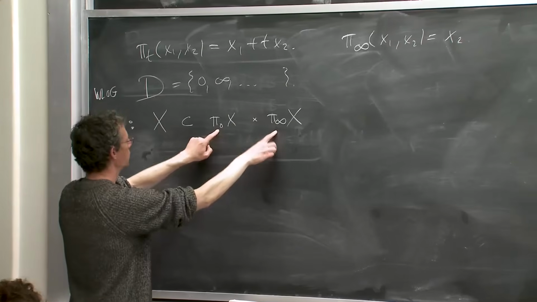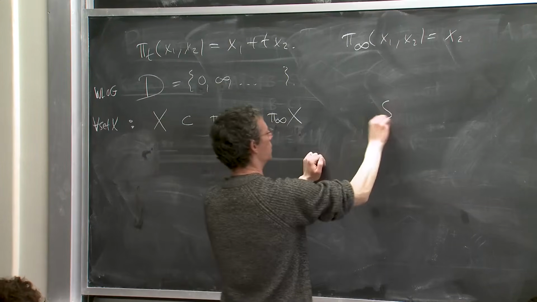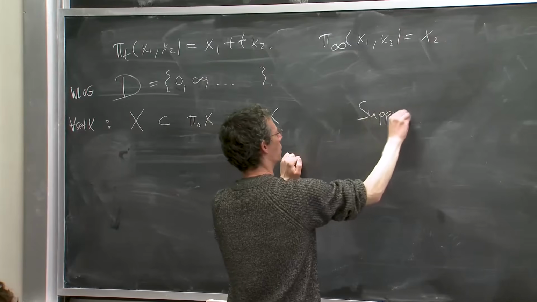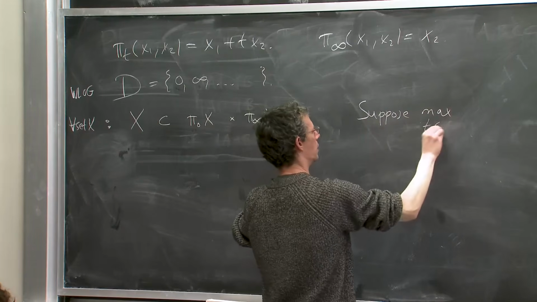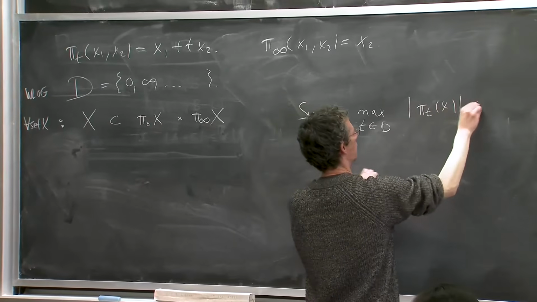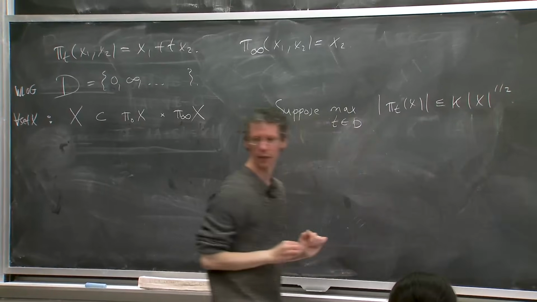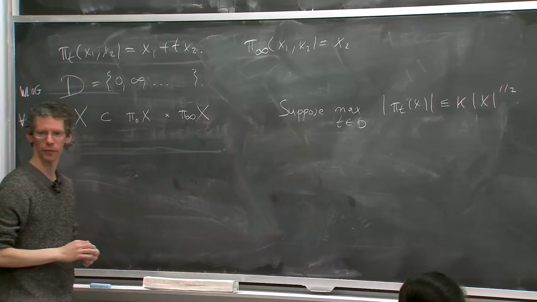But because these are directions in our direction set, let's suppose that the maximum over t in D of the size of pi_t of X is at most k times the square root of the size of X. And imagine that k is pretty small.